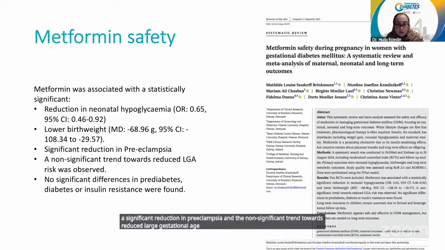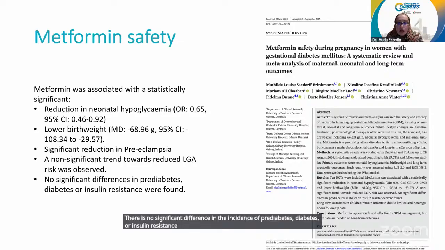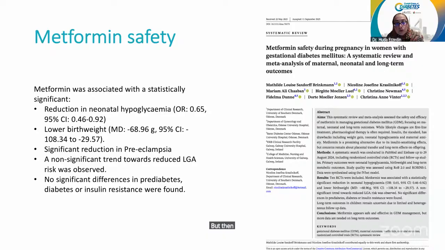There was no significant difference in the incidence of prediabetes, diabetes, or insulin resistance thereafter. But we need more evidence, maybe long-term evidence, to freely advocate for metformin during pregnancy.